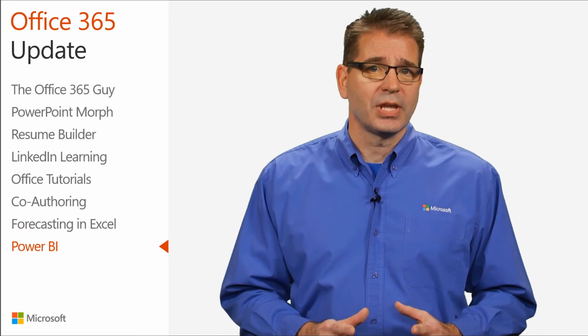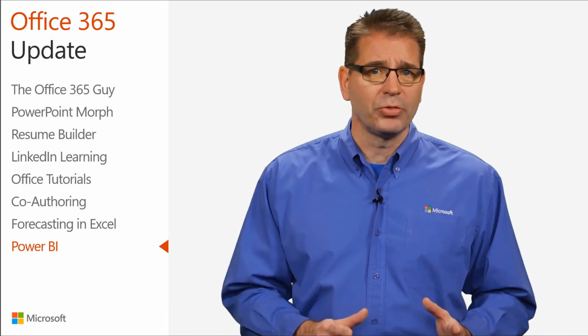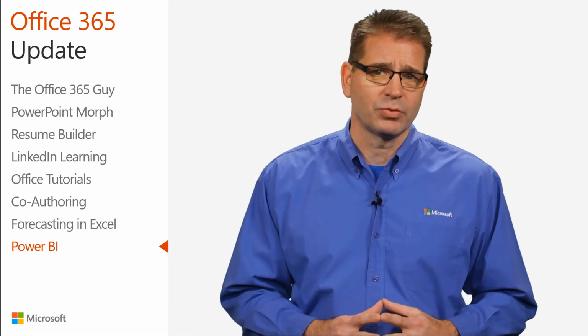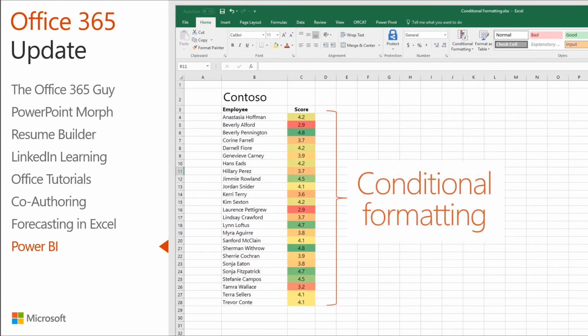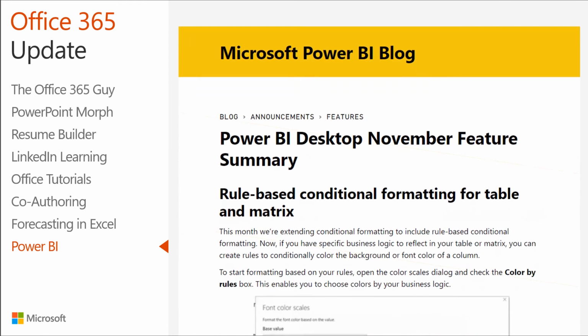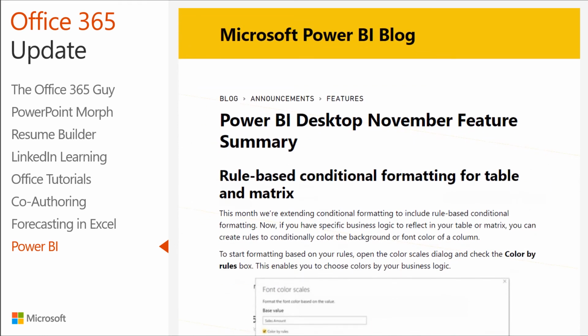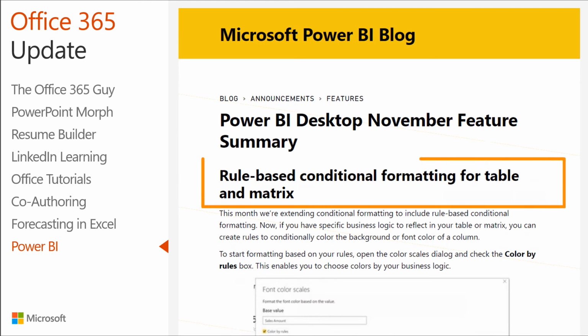Excel power users and Microsoft Access enthusiasts both know how conditional formatting can enhance reporting, highlighting important data that meets criteria that you define. In early November, the Power BI team released major enhancements to conditional formatting in Power BI reports, featuring rule-based conditional formatting to color the background or the font color of a column.